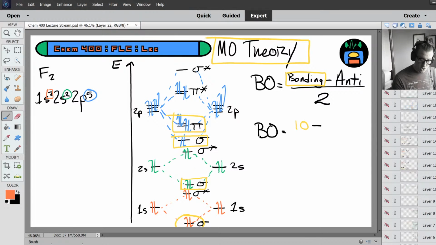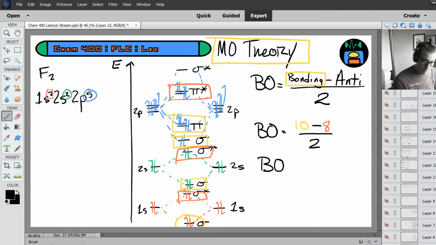Minus all of the electrons in antibonding orbitals. So we've got in antibonding orbitals now 2, 4, 6, 8. So 10 minus 8 divided by 2 gives us a bond order of 1. Molecular orbital theory predicts a bond order of 1 for the molecule of F2.